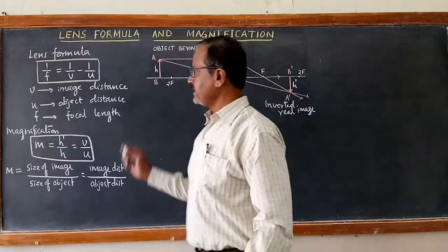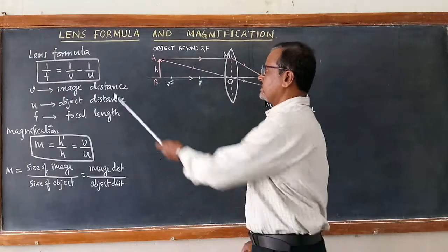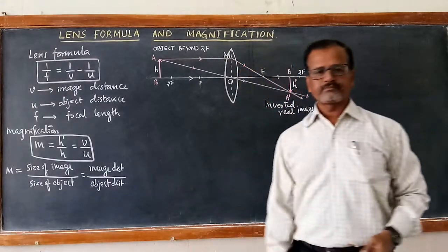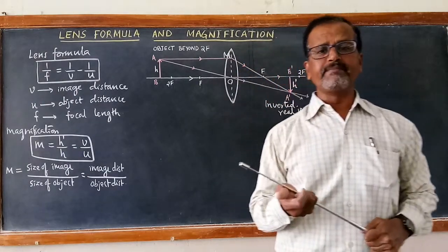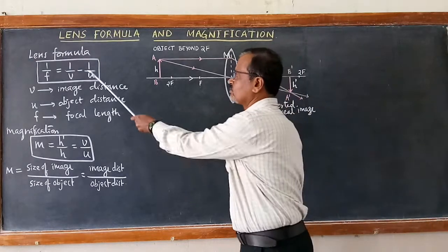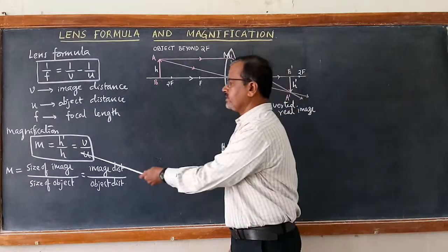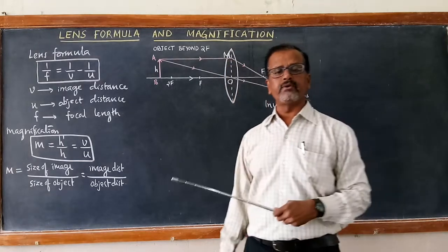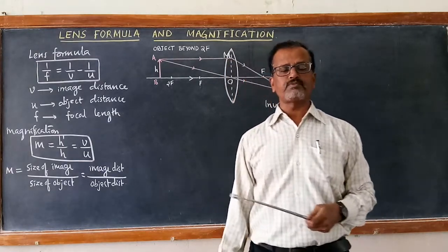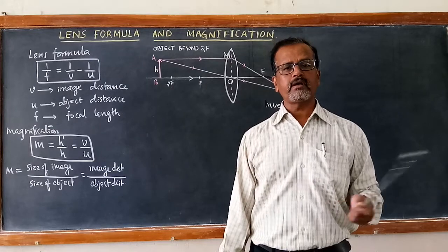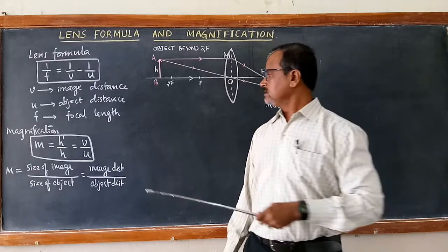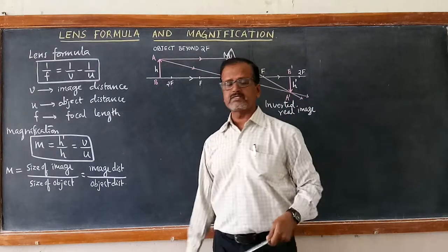But if I just write the lens formula and magnification, many boys start asking me, sir, how do you get this 1 by f equal to 1 by v minus 1 by u? And how do you equate h dash by h equal to v by u? Today itself Prajwal has asked me for the concave mirror, sir, how is it that h dash by h equal to minus v by u?